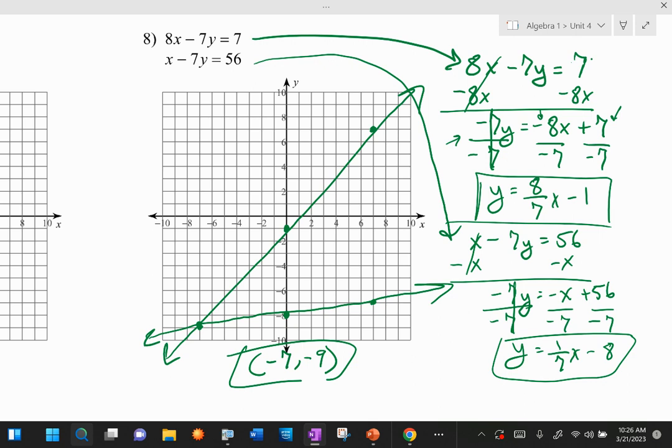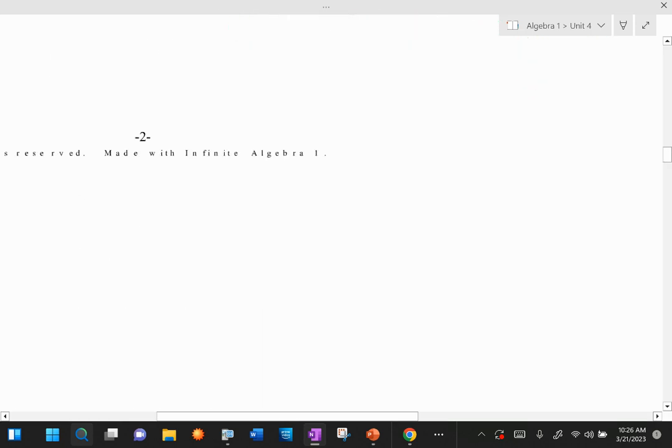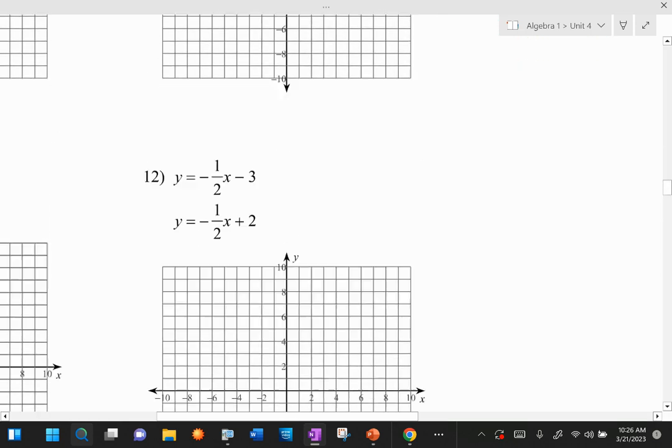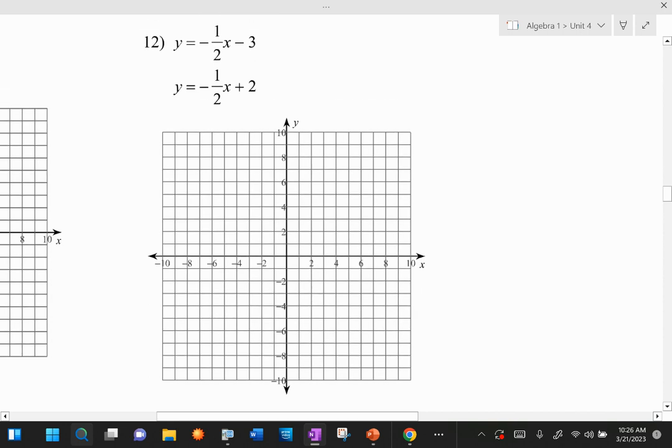All right. Let's check number 12. So all we had to do was graph these. Brian, what is the y-intercept on the first equation?